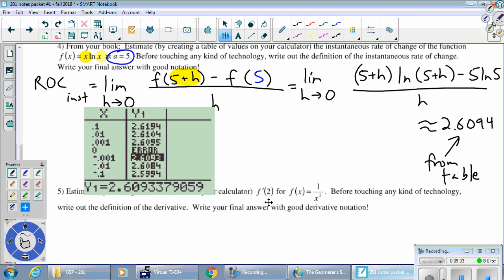Okay, next one, same deal, but the function is 1 over x squared, and now we're going at x equals 2. So we're going to copy the same formula here, just these 5s are going to become 2s.